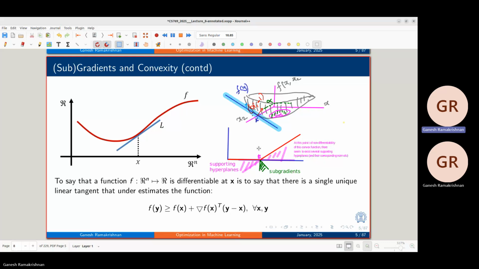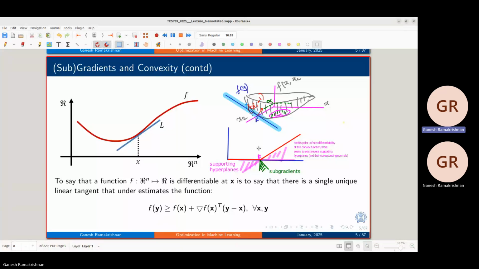This is what I've showed you. Well, these are supporting hyperplanes, and these correspond to subgradients. Well, subgradient with a negative, with a -1, like this, right? This is a space -1, and we'll denote this subgradient or instance of subgradient as nabla-F.